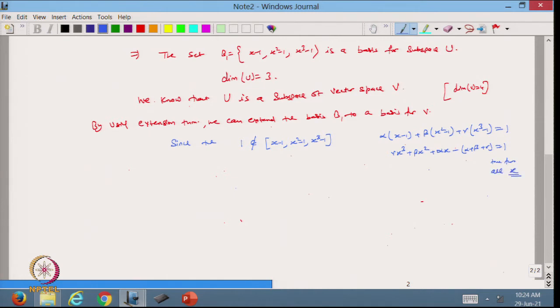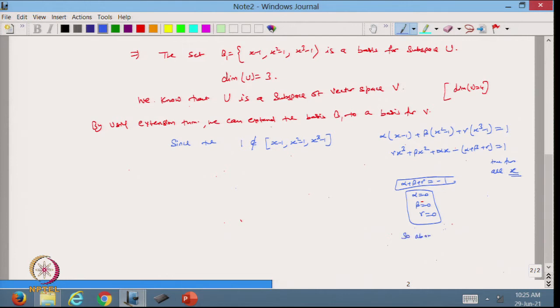Suppose this is true for all x. Then from here I can write that minus (alpha plus beta plus gamma) equals 1, and alpha is equal to 0, beta is equal to 0, gamma is equal to 0. And this is not possible, because if alpha, beta, gamma are zeros, then their summation cannot be minus 1. It means this system of equations is inconsistent.